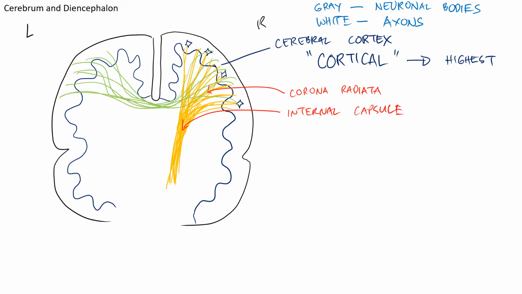Okay, so you have that bundle of axons coming from one cerebral hemisphere, going to another cerebral hemisphere. Basically, it connects the two hemispheres, and that's what you call your corpus callosum.